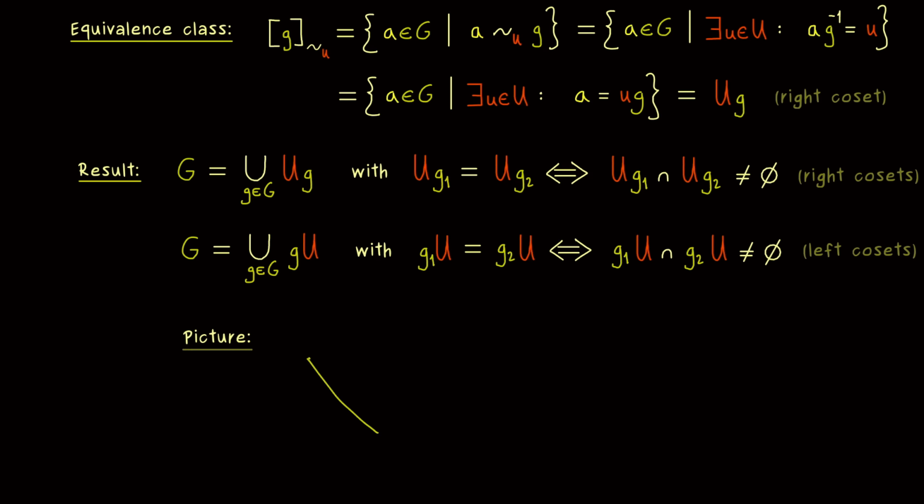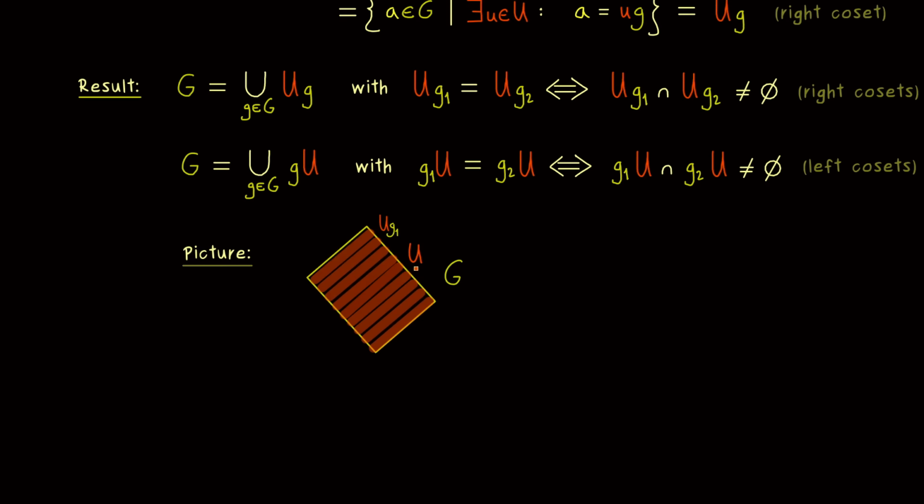We could say that this thing here is our group G, and inside we find a subgroup U. And now for example, a right coset could lie here. And now we know if it's not equal to U, we have a disjoint set. And now indeed, the correct picture is that we have a whole decomposition of our group G. And moreover, every right coset that is included here has the same size as our subgroup U.